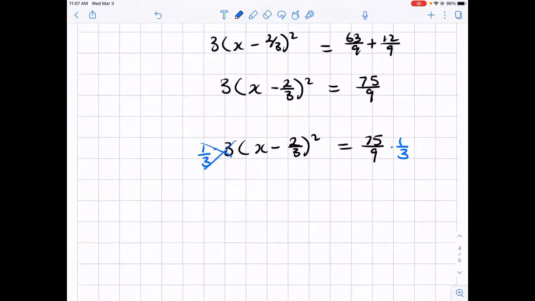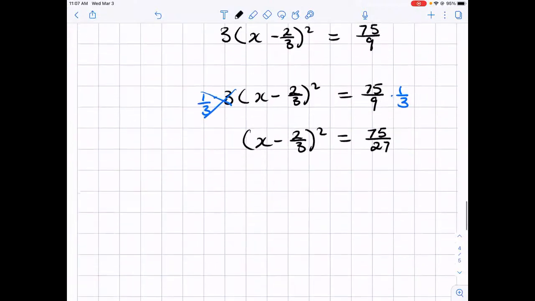So this will cancel out, leaving me with x minus 2/3 squared is equal to 75 over 27. And 75 over 27 can be simplified as 25 over 9, right? You can divide here by 3, divide there by 3.